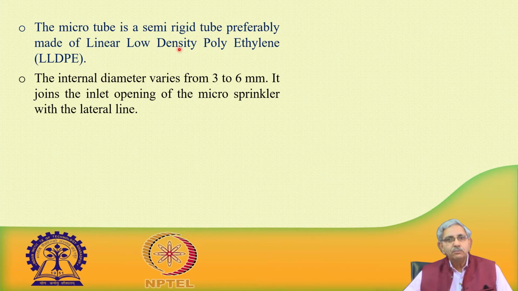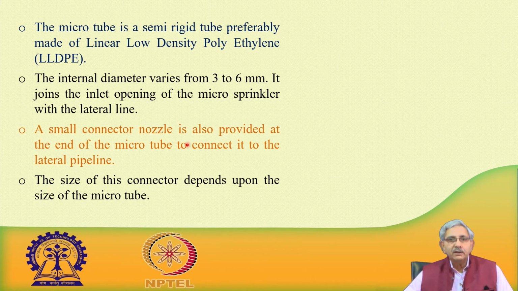The micro tube is a semi rigid tube which is made up of LLDPE, that is linear low density polyethylene. The internal diameter of the micro tube is 3 to 6 millimeter. It joins the inlet opening of the micro sprinkler with the lateral line.